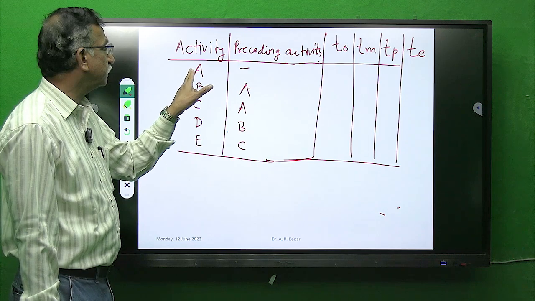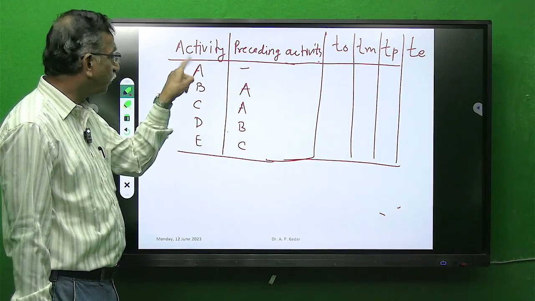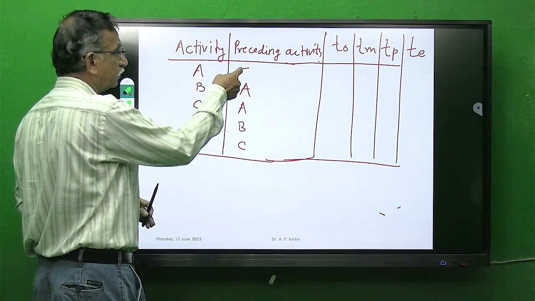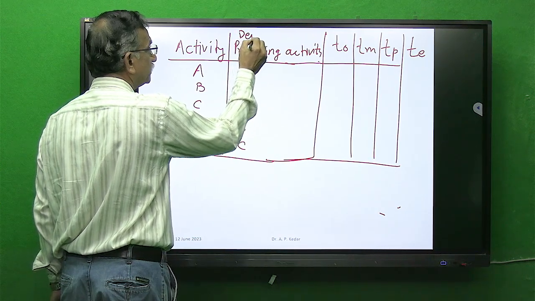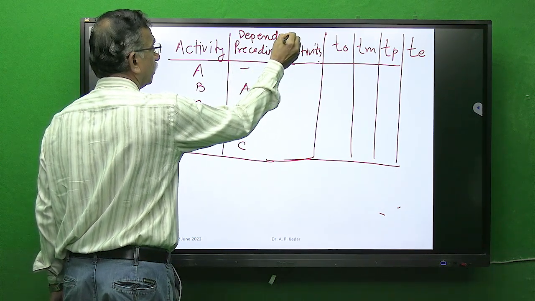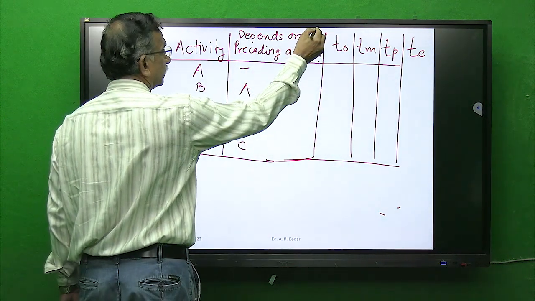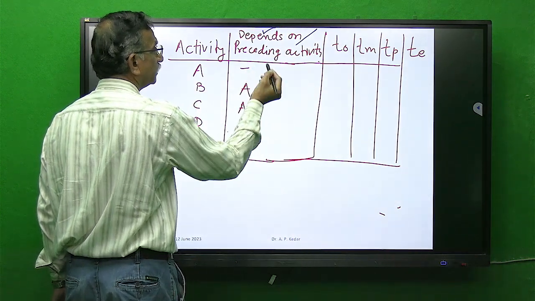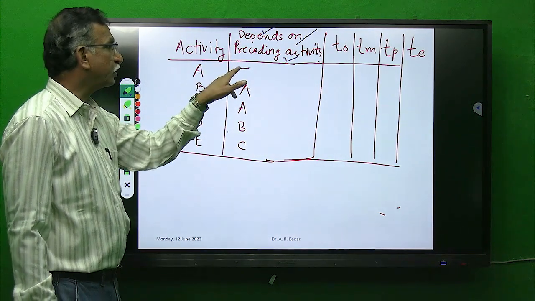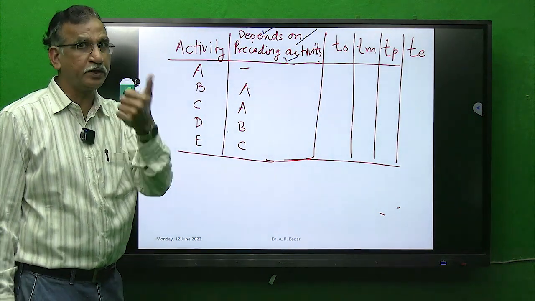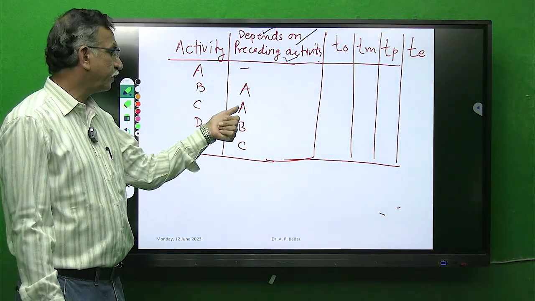Now here I can see A in front of A dash, meaning how one should read: A depends on preceding activity, or other name you will find is depends on. You will get both terms in textbook. One is depends on, other is preceding activity. Meaning, see here, A depends on dash, means A does not depend on any activity. B depends on A, clear? C depends on A, clear?